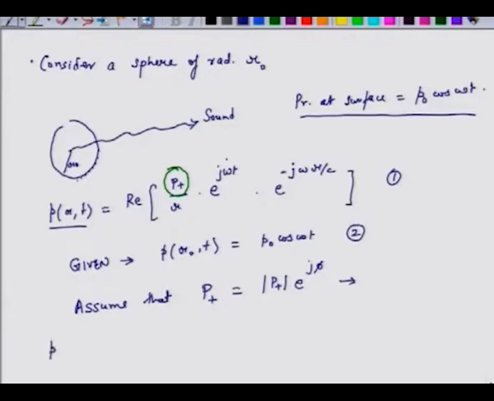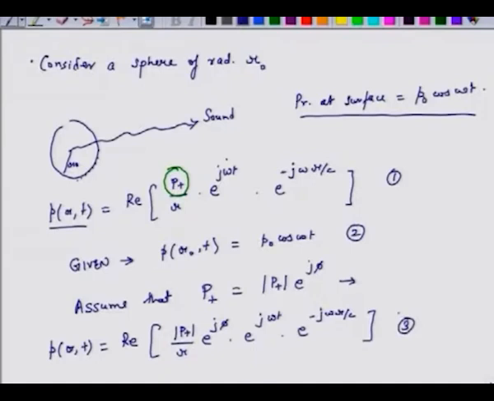So, what we get is P of r, t equals real of magnitude of P plus divided by r, e to the j phi times e to the j omega t times e to the minus j omega r over c. I call this equation 3, and now I further process this equation.